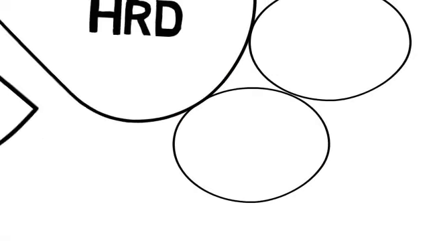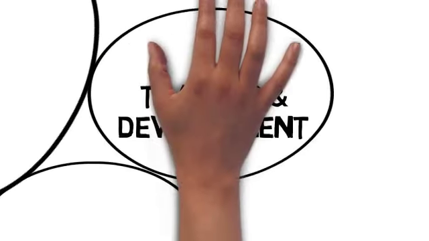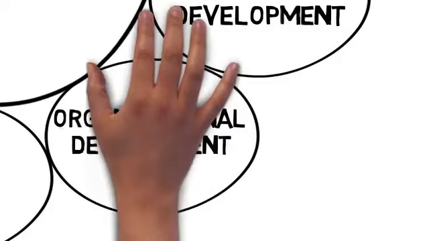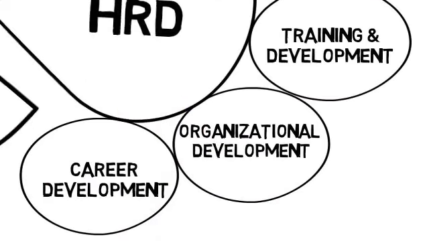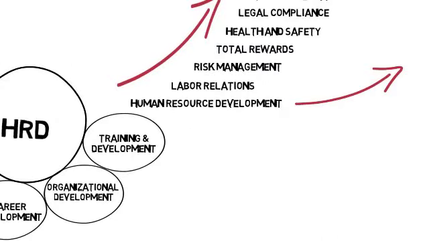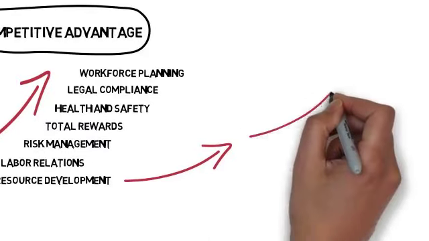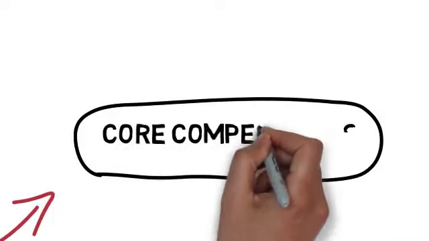Human resource development is a set of systematic and planned activities, including training and development, organizational development, and career development, designed by the Human Resource Department to ensure its employees develop the necessary capabilities to support the efficient and effective implementation of the organization's core competencies.